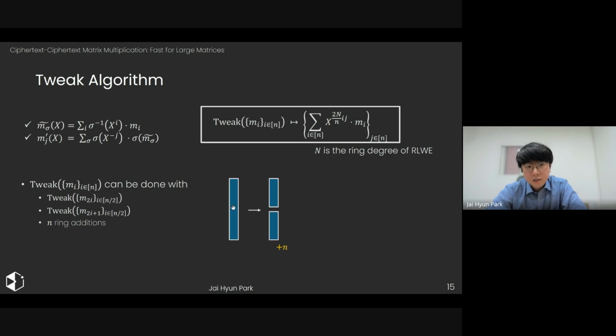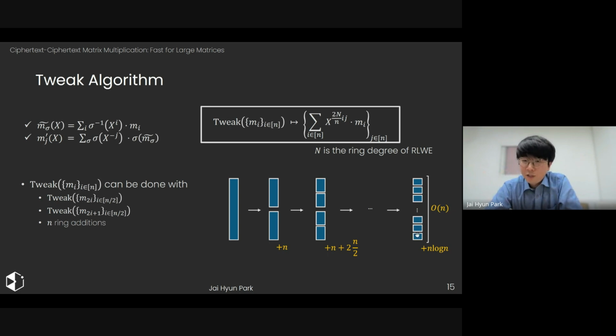So instead of doing this big twig algorithm, we can do the small twig algorithms with additional cost. And these subproblems can also be done by subproblems with another additional cost. If we do this log n times, we get many subproblems, but the total cost would be O(n). And for the aggregation, we need some additional cost, which is n log n, but that is minor compared to n square additions.